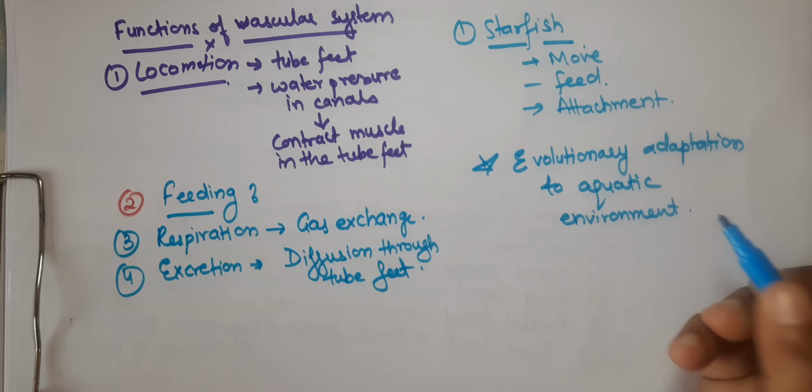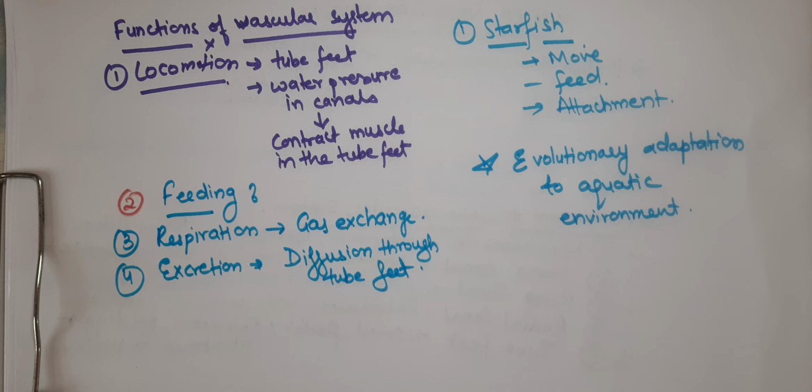Since there is lots of water, if excess water enters the body, it will be harmful for the species. So this is the water vascular adaptation through which only the required water will enter the body of the echinoderm species, and then the excessive waste will be removed through the process of excretion. This allows their adaptability and survival in the aquatic environment.